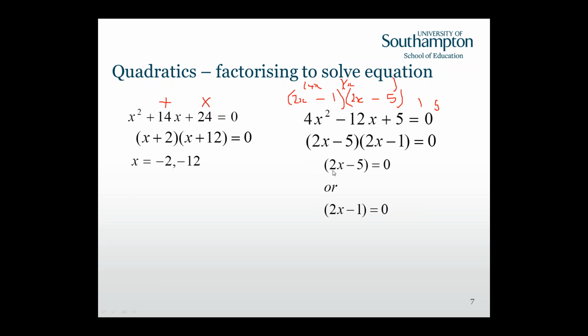So it is safer to get them to write out each bit. I'd do it without the brackets though, because the brackets are kind of holding you back a bit. So either 2x minus 5 equals 0. So we can rearrange that, take the 5 over the other side, divide by 2, so x is 5 over 2, 2.5, and x is a half.